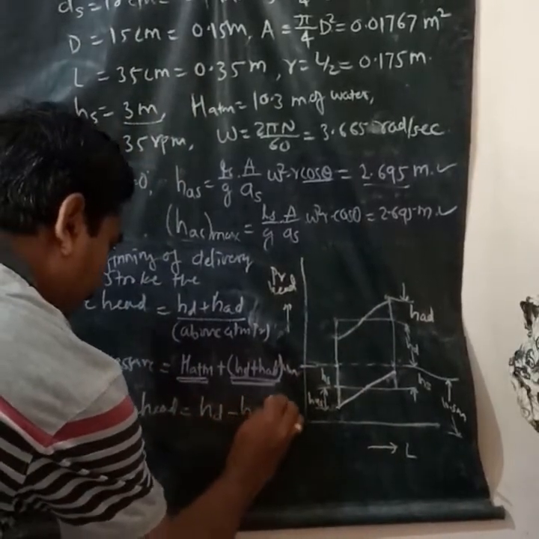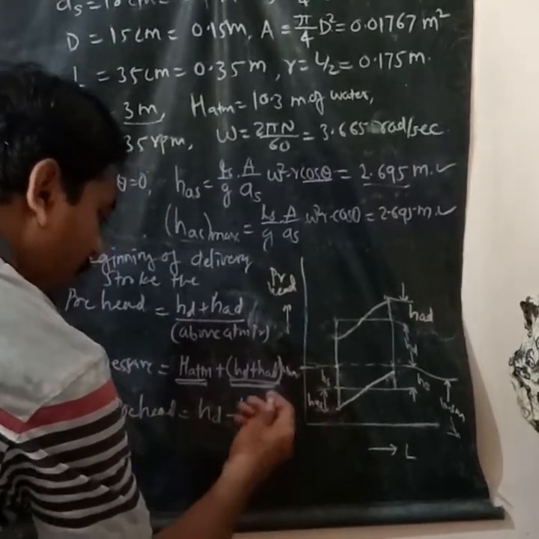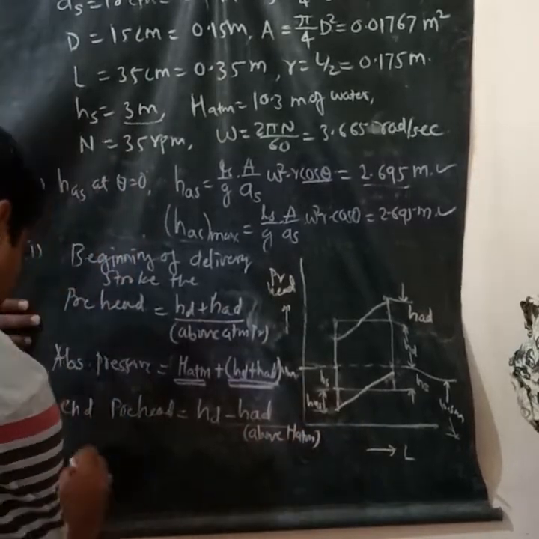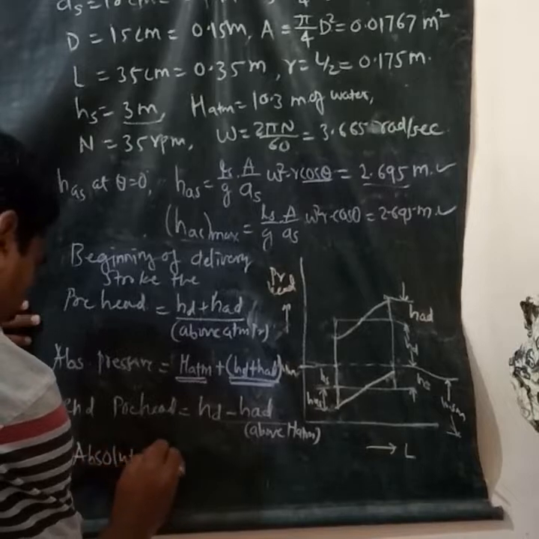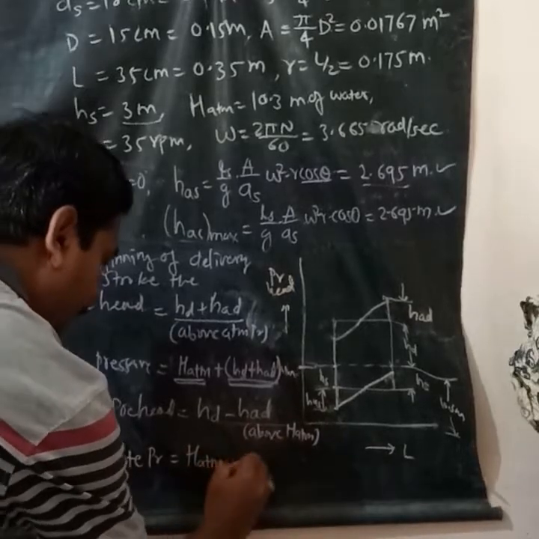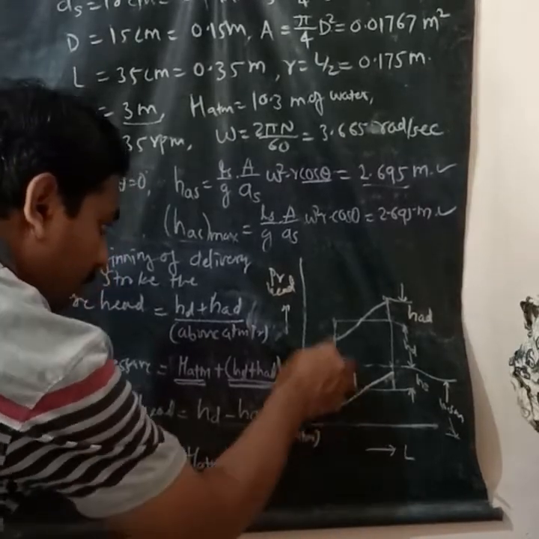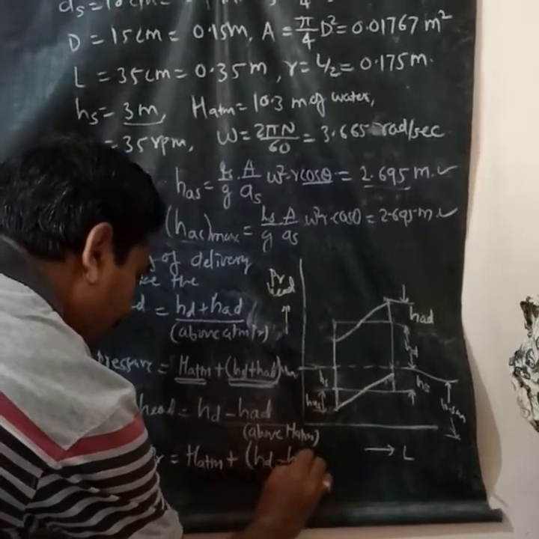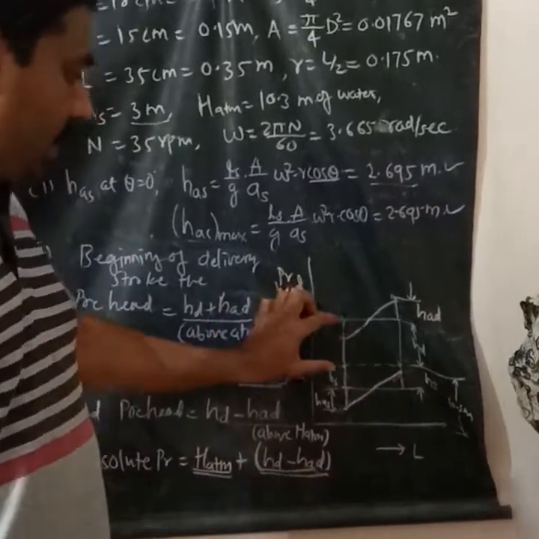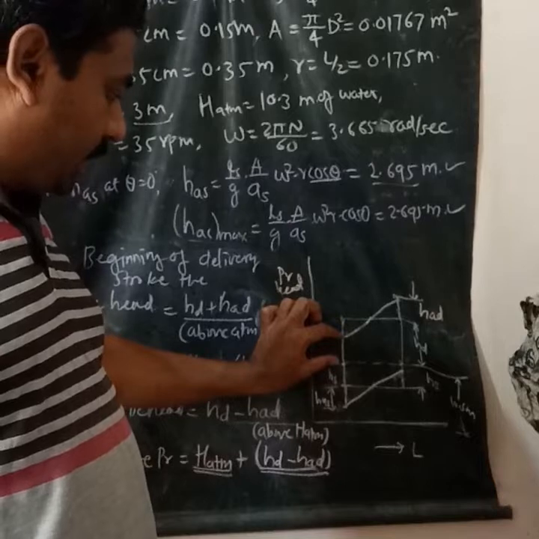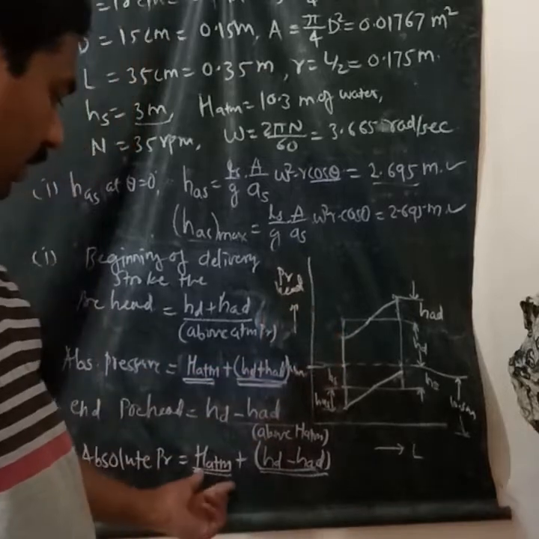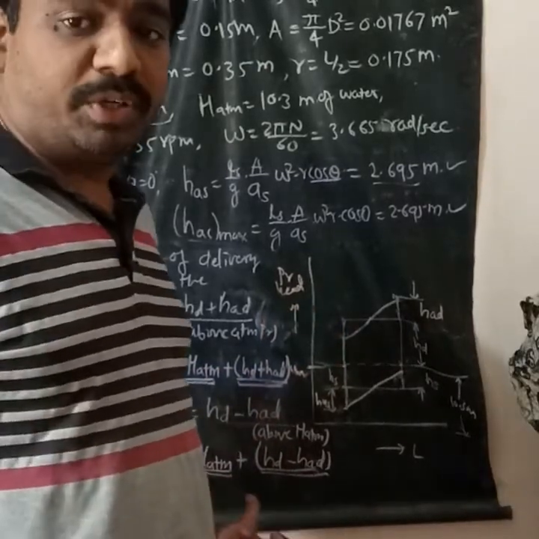This pressure will be above atmospheric. So the absolute pressure at that place equals H atmospheric plus HD minus HAD. Are you getting this? HD minus HAD, this pressure, absolute pressure, you have to calculate here. So this plus this will give the value of the absolute pressure.